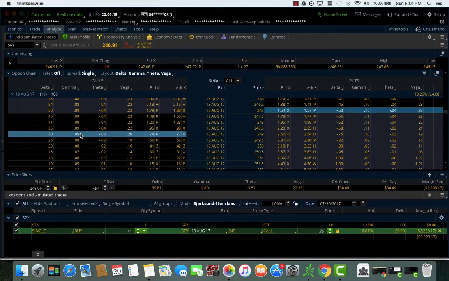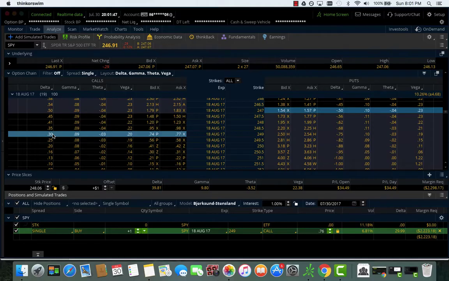So the 249 call that starts with a 30 delta is like owning 30 shares of stock. If SPY goes up a buck with the 30 delta call, we expect the value of that call to increase by about 30 points. But gamma is now saying that if SPY moves up or down a dollar, gamma is added to the delta.